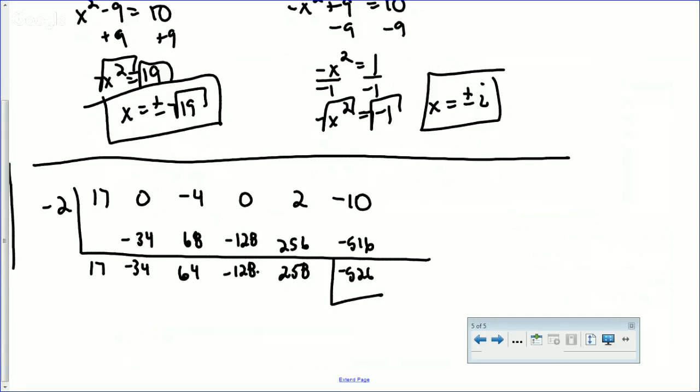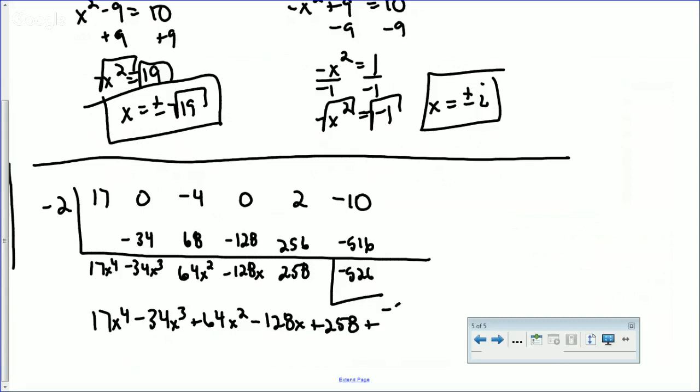You have constant, x, x squared, x to the third, x to the fourth. So you have 17x to the fourth minus 34x to the third plus 64x squared minus 128x plus 258 plus negative 526 over x plus 2.